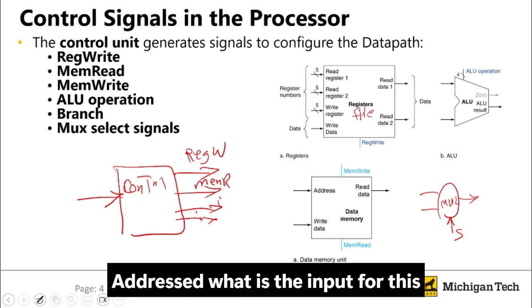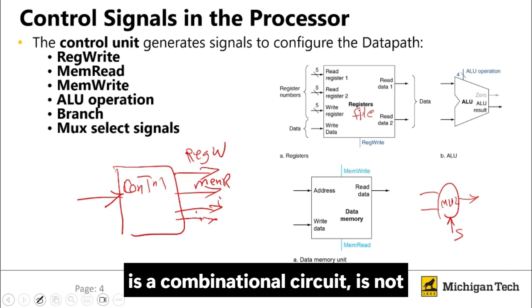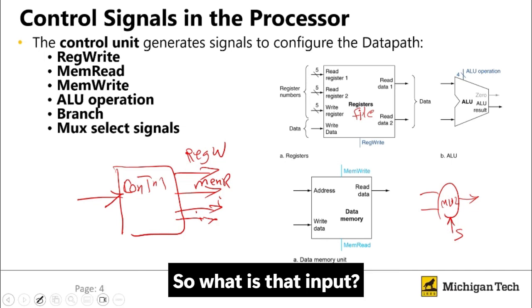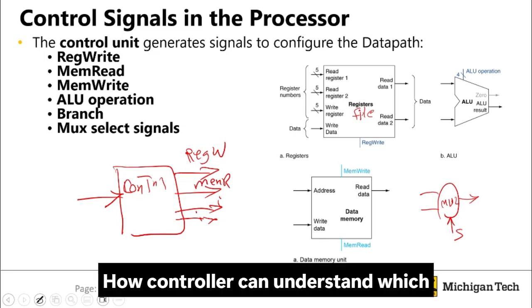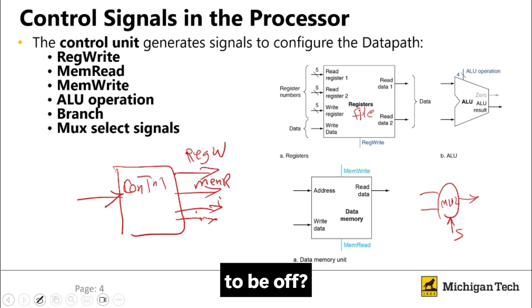What is the input for this circuit? First of all, this circuit is a combinational circuit. It's not sequential. It's kind of a decoder. So what is that input? How can the controller understand which signals need to be on, which signals need to be off?